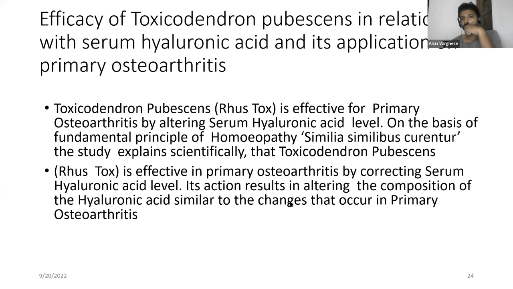What madam had found was Rhus tox. It helps not only in the symptomatic level, but especially in cases where Rhus tox was indicated and given, the serum hyaluronic acid level was also changed. Toxicodendron pubens is nothing but Rhus tox, it is the scientific name. The change was also seen in serum.